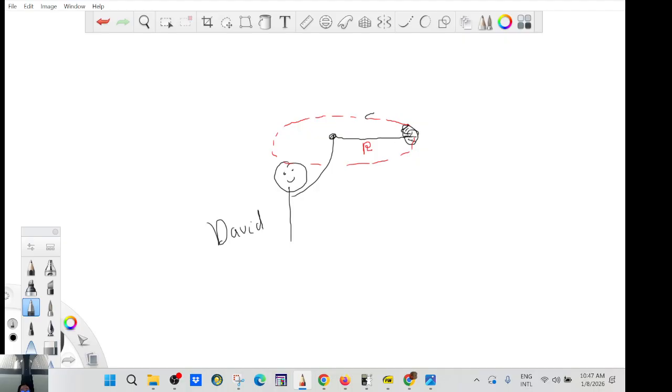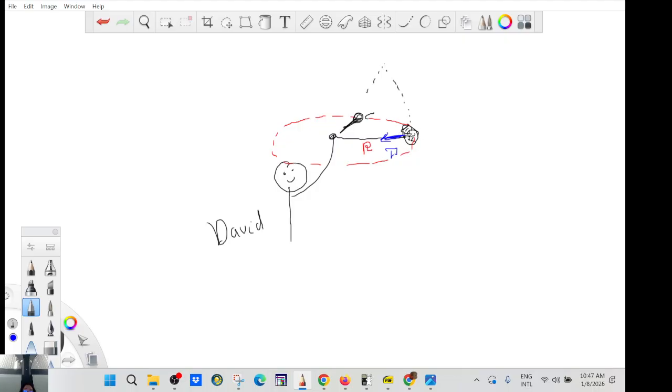The stone has inertia. So it wants to keep going along a straight line at a constant speed, but it can't, because there is a string. So you're going to have a force here. That force is keeping the stone on the circular path, otherwise off tangent it goes.